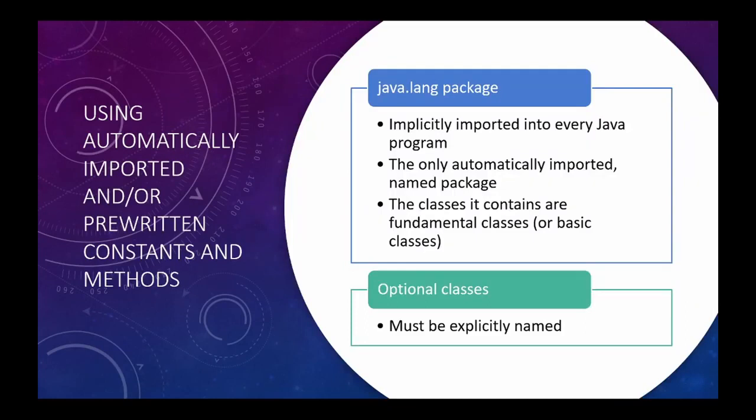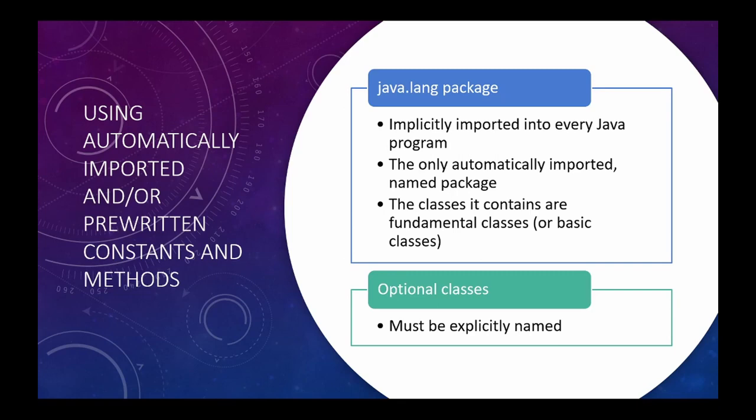The java.lang package is an example of a fundamental class. It's implicitly imported every time Java runs. This is the only package that is automatically imported. Other classes, though, that we do use include the Object class and the capital I Integer, capital F Float, all of those wrapper classes that we talked about last week.